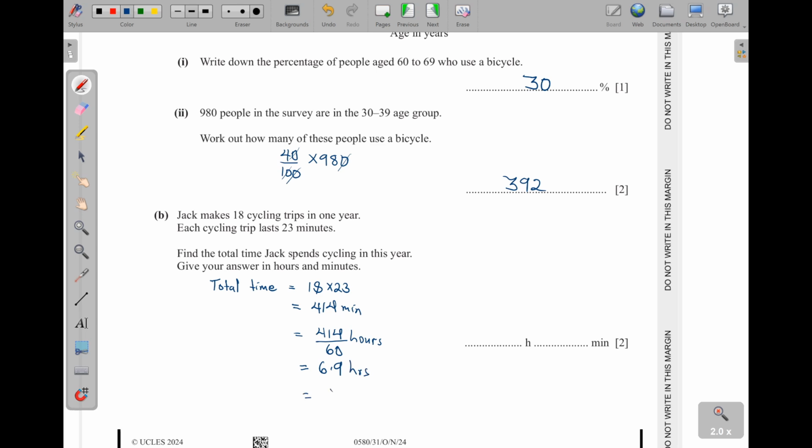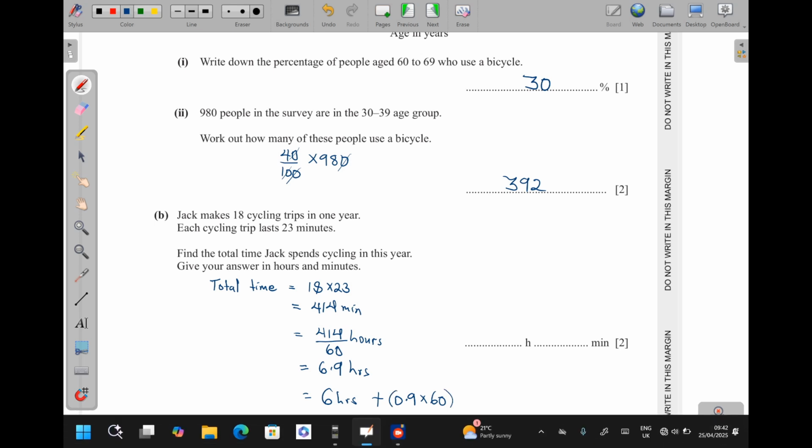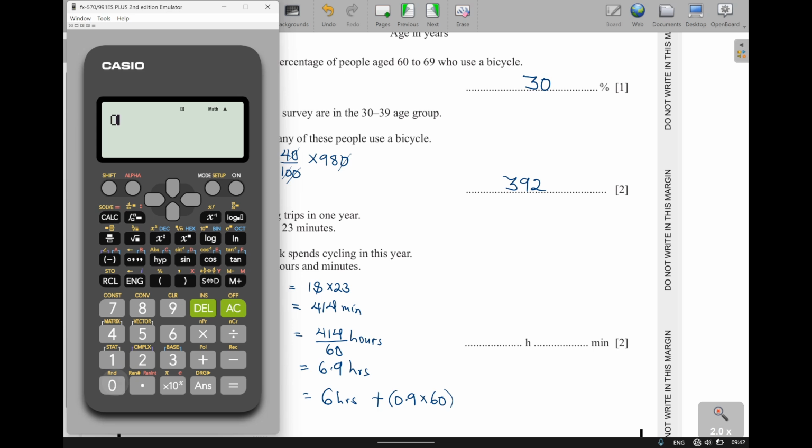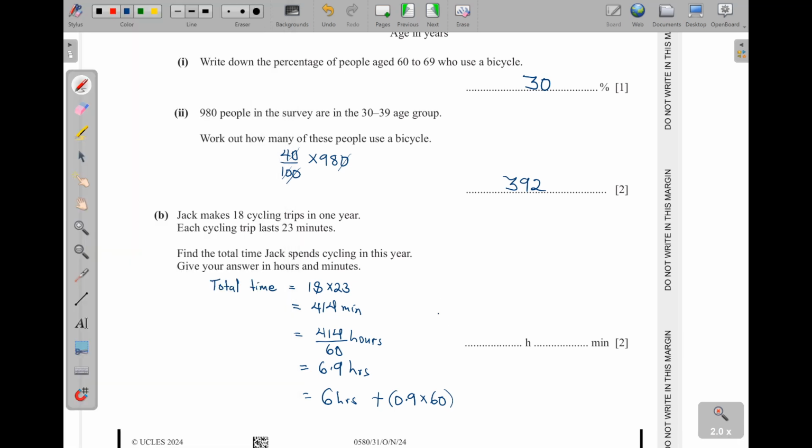This is the same as saying 6 hours plus 0.9 hours. For 0.9 hours, we say 0.9 times 60, so they are minutes. 0.9 times 60 gives us 54. So that means we shall have 6 hours and 54 minutes.